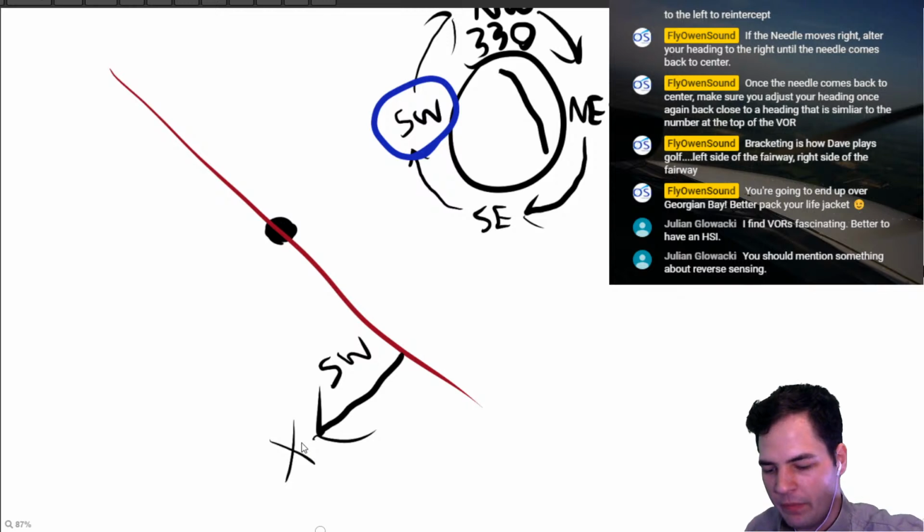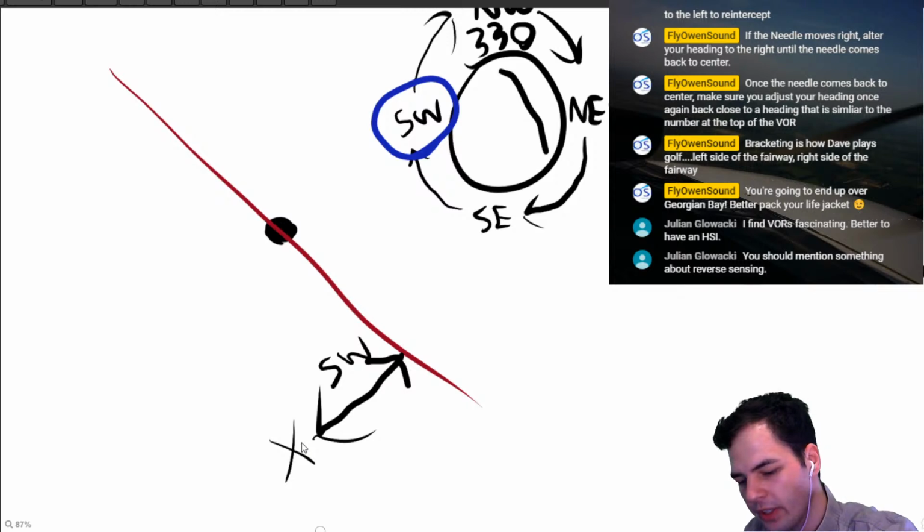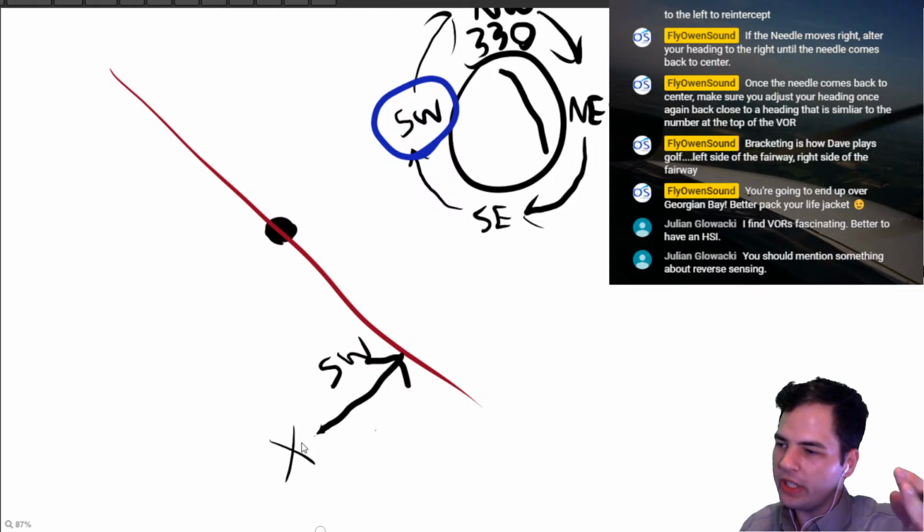The reason being, what I did wrong that was confusing is think of the needle same as the arrow. It's the direction that you would fly to get to that radial. I got that upside down. Sorry about that. The way to think about the needle is kind of the radial in a way.